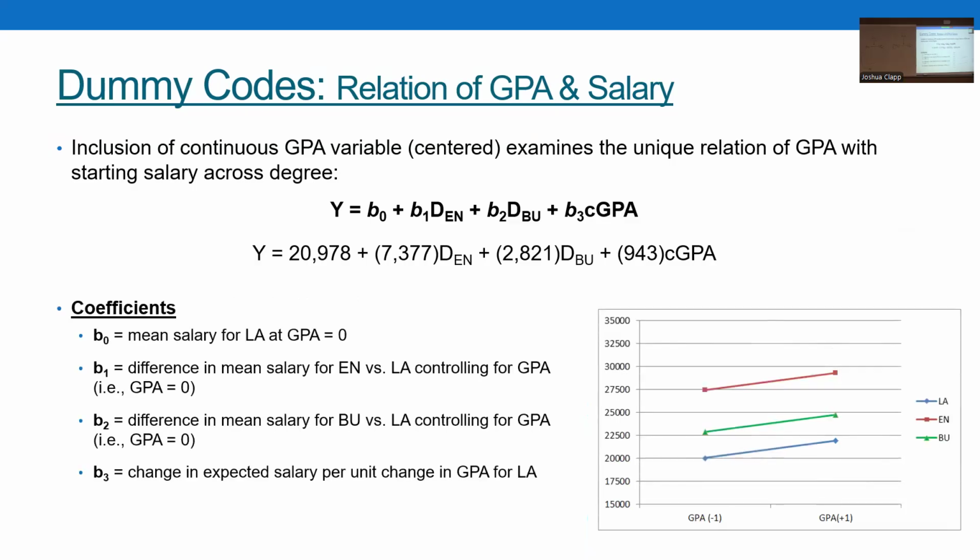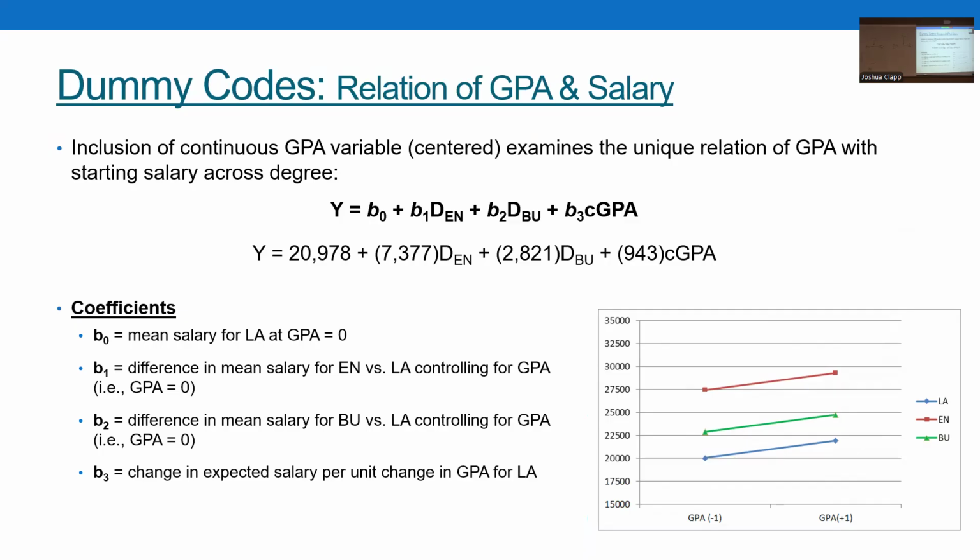And so what I get here is my intercept, which is my expected value for liberal arts holding GPA constant at 0, okay? Now, here's a good example for why it makes sense to mean center things. Because if I don't center things, does anybody get a degree with GPA equals 0?